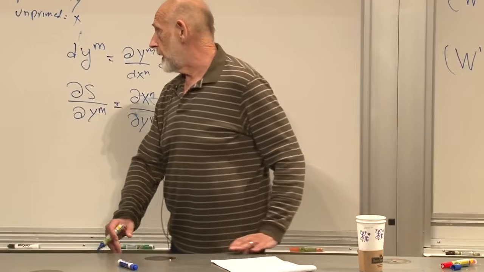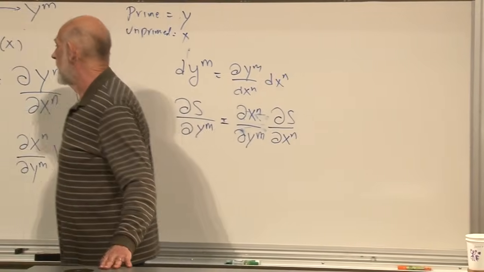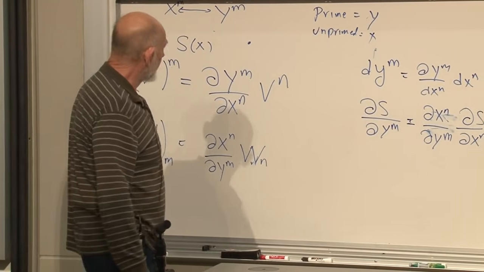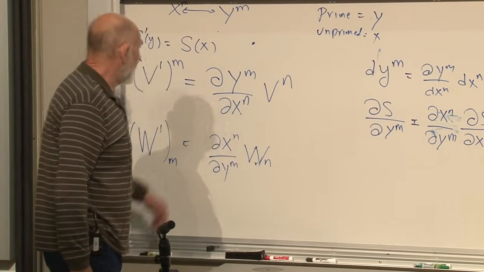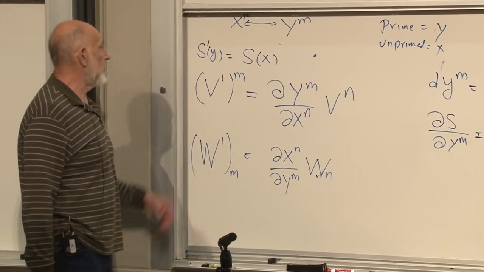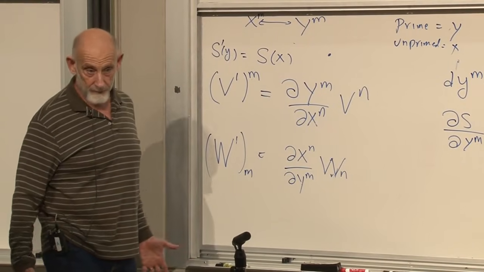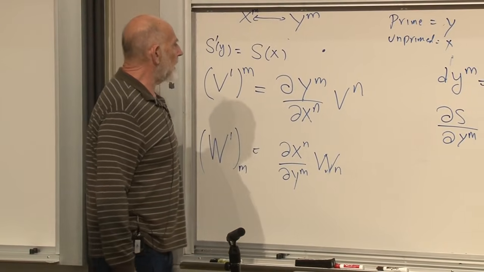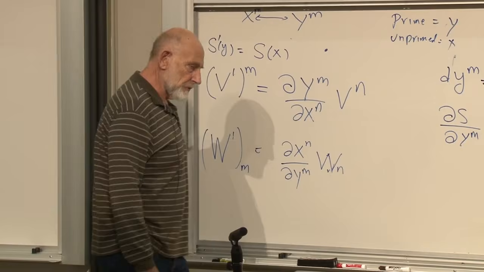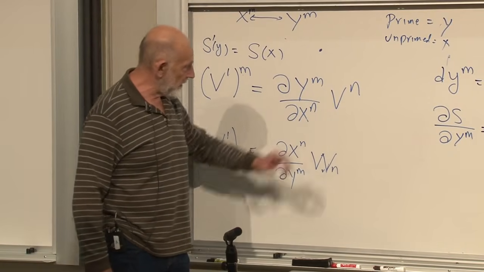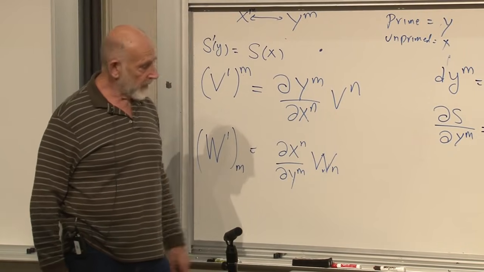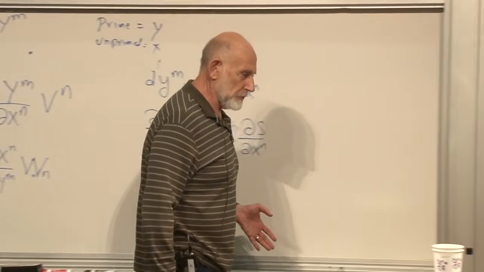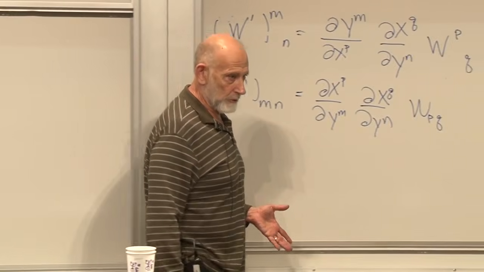Now, notice something about tensors. If they are 0 in one frame, let's start with a scalar. If a scalar is 0 in one frame, it's 0 in every frame. Now, supposing a vector is 0 in some frame, let's say the x frame. For a vector to be 0, it doesn't mean some component is equal to 0. It means all of its components are equal to 0.